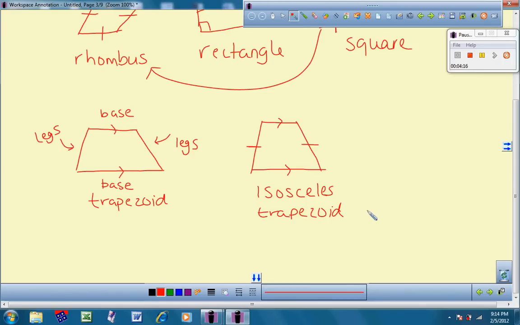And the next special type of quadrilateral is a kite. A kite has 2 pairs of consecutive congruent sides. Those consecutive sides are the 2 sides that touch or form a vertex.